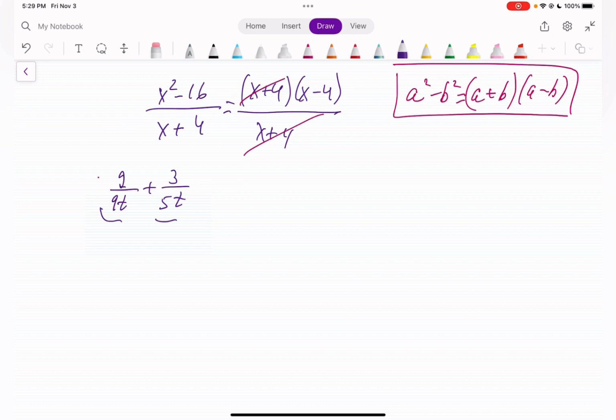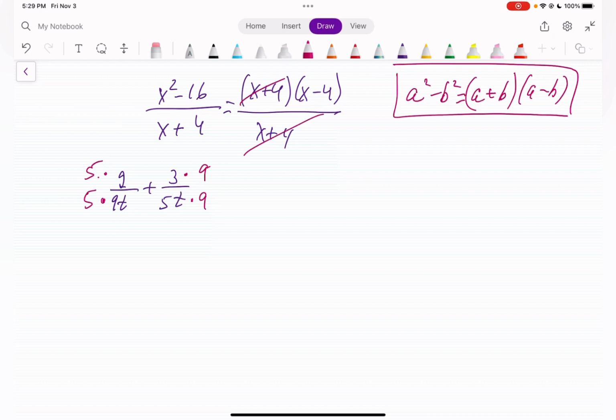So the common denominator is going to be 45, which means to get to 45, I have to multiply 9 by 5. And 5, I have to multiply by 9 to get 45 in the denominator in both cases. Whatever change I do to the denominator, I have to do to the numerator. Therefore, I am multiplying the top of the fraction as well.